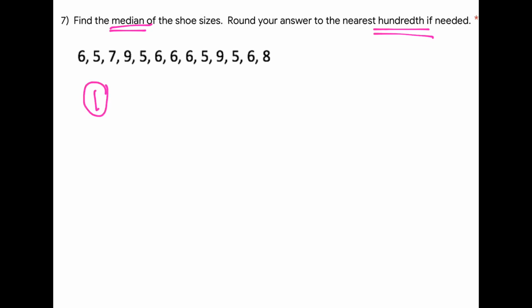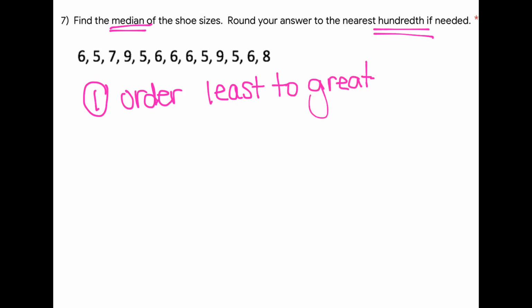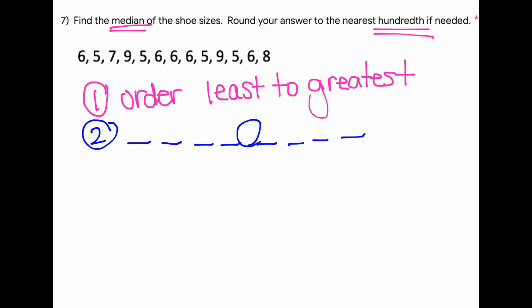Our first step is to order from least to greatest. Our second step then is to go first and last, underlining all the way until you get to the middle.